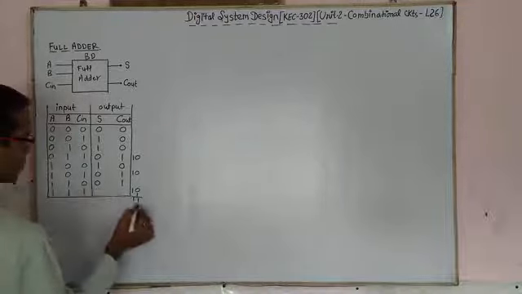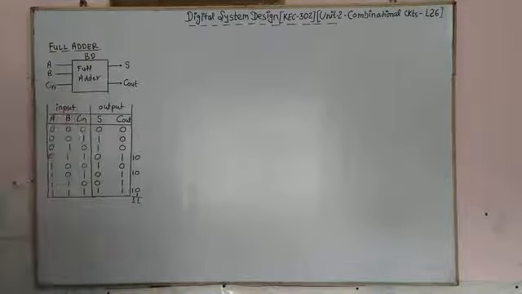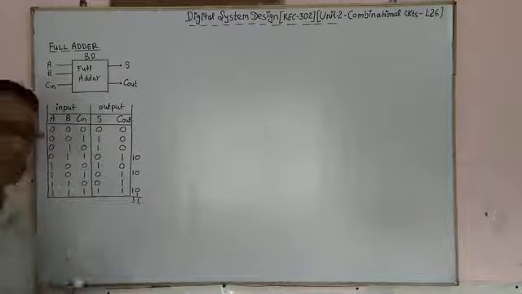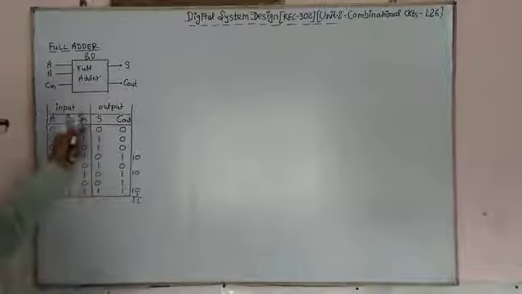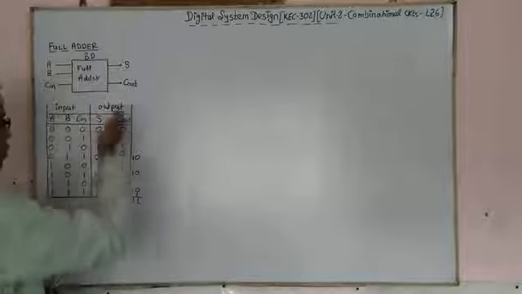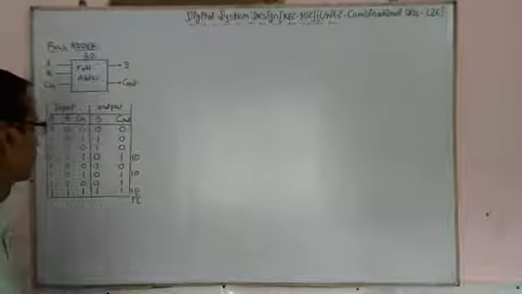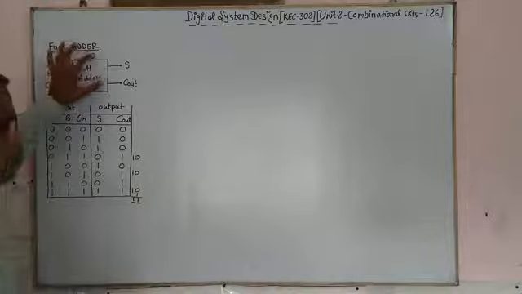So the sum of this is 1 and the carry of this is 1. So you can understand how we are getting the output from these three inputs. We are adding A and B. After that the result we will add with C in, and then we will see what sum we are getting and what C out we are getting.